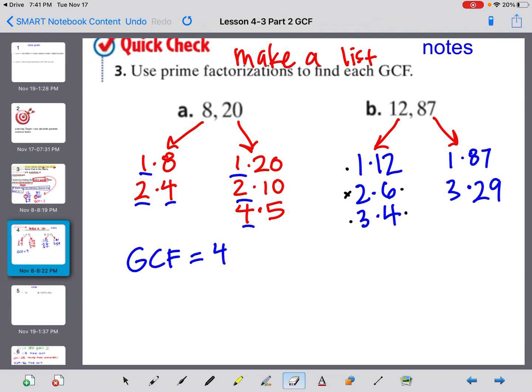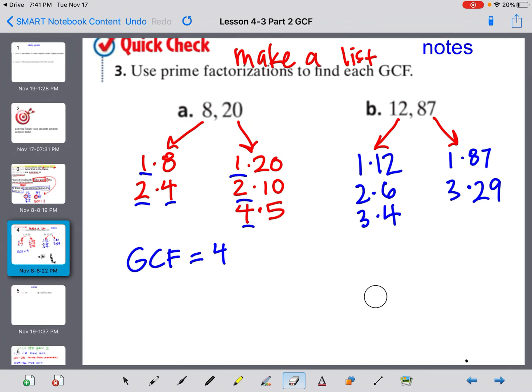I could get a decimal answer, but I only want whole numbers for this. Last one, could I put a 12 there? 12, 24, 36, 48, 60, 72, 84. Nope.